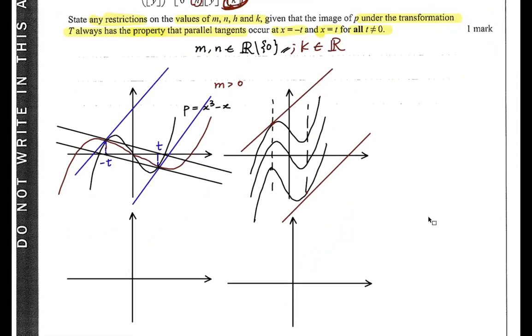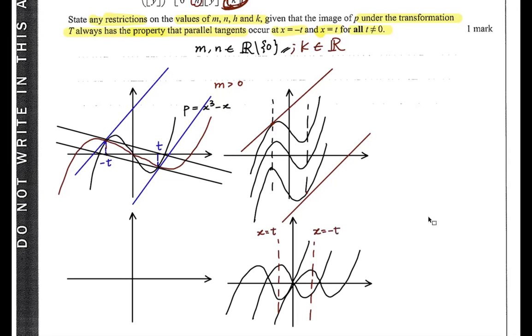However, if you are trying to shift the function left or right, it's another story, because once you shift the function left or right by whatever translation, the symmetrical points will no longer produce parallel tangents. Here is x equals t. Here is x equals minus t. If it's not shifted, it's still symmetrical around x equals 0, parallel tangents. Good.